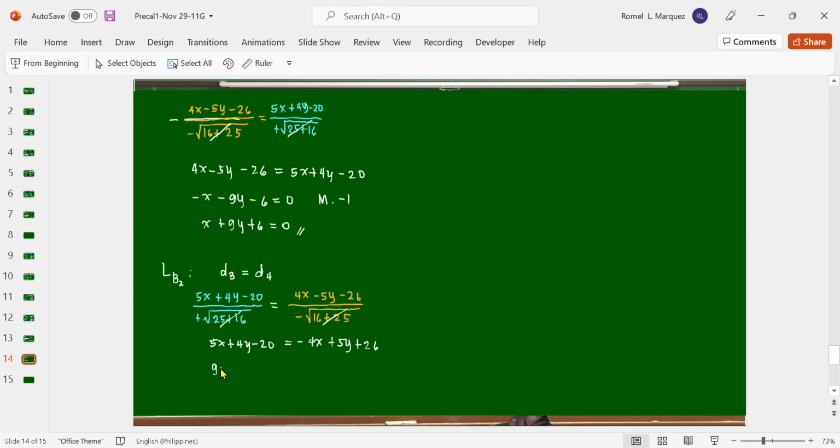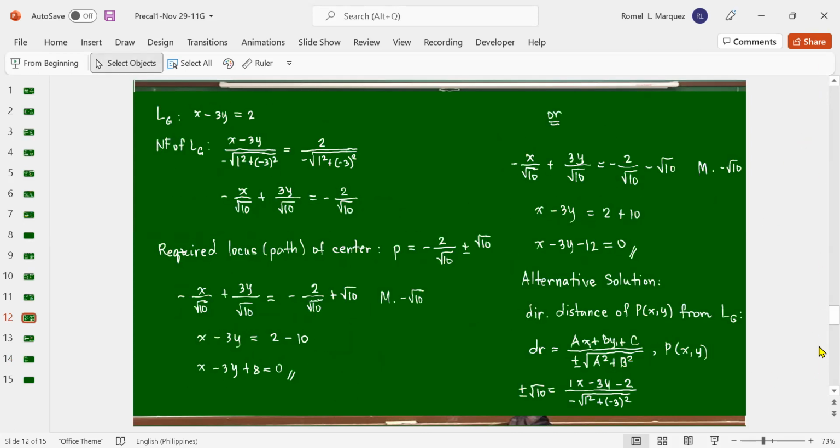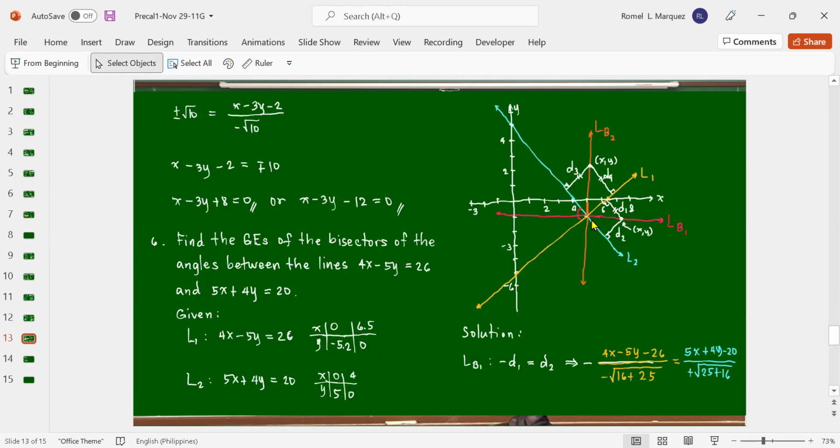Everything on the left side, we have 9x minus y minus 46 equals 0. Another possible angle bisector. So these are the two angle bisectors of the angles formed between the lines 4x minus 5y equals 26 and 5x plus 4y equals 20. Okay?